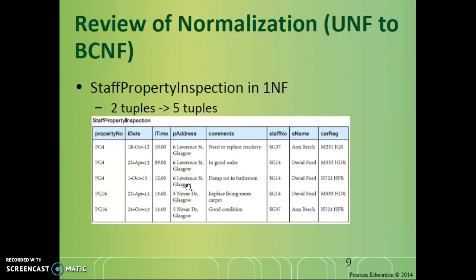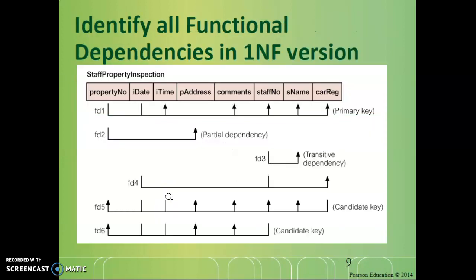So we have to see the functional dependencies in the first normal form. These are the functional dependencies from FD1 to FD6, that means 6 functional dependencies that we identified. See, in the first functional dependency, property number and inspection date are the determinants.